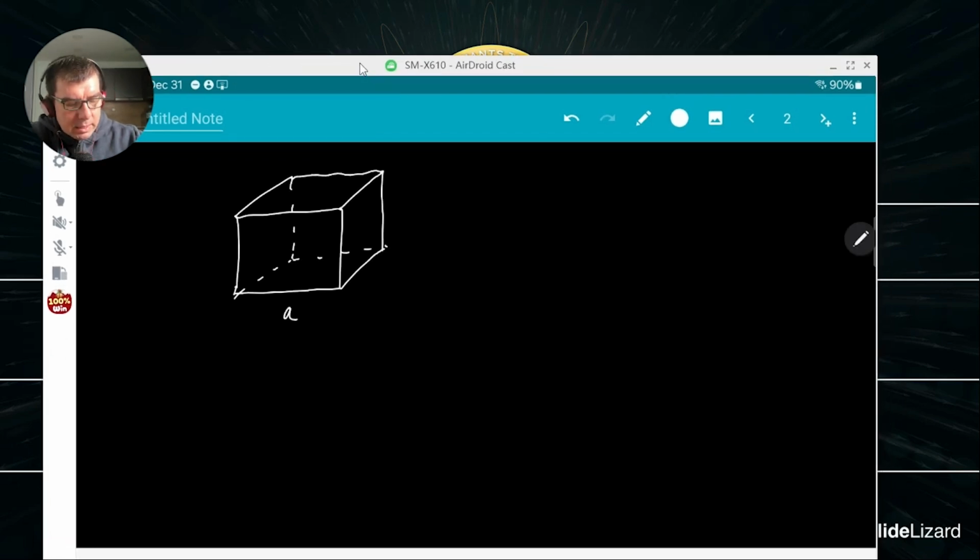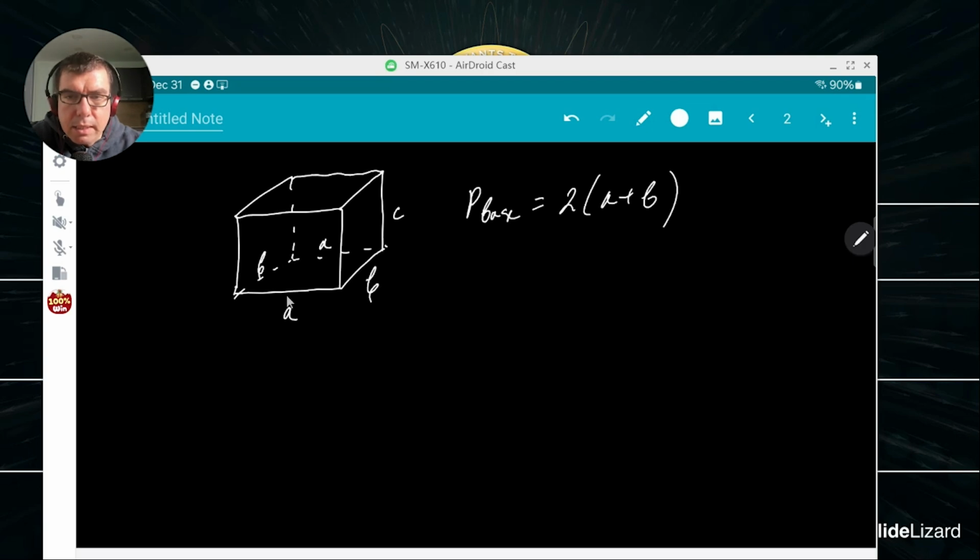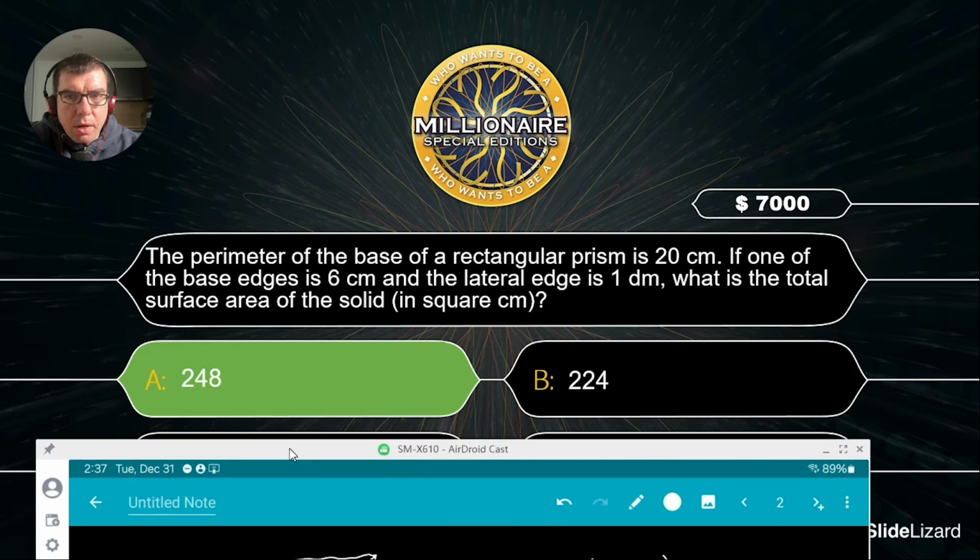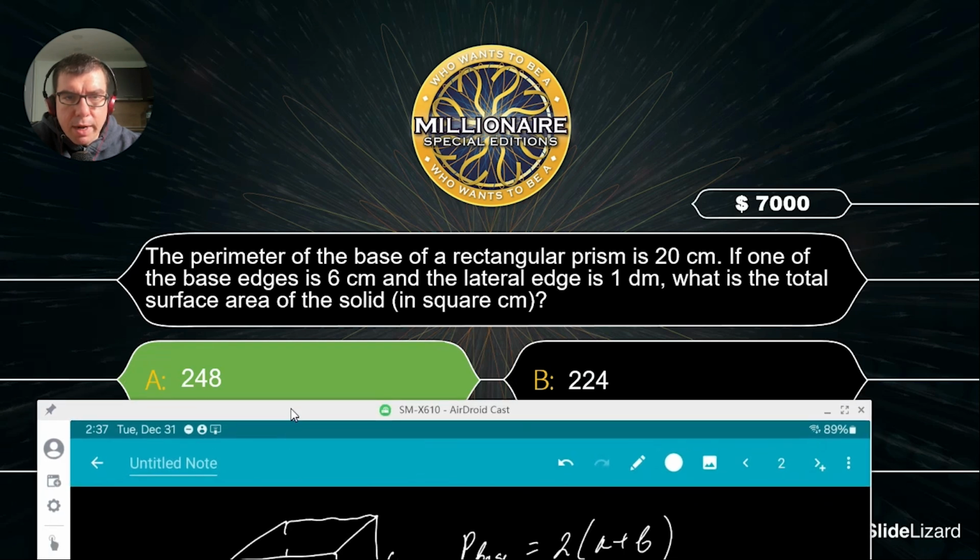Okay, the base we know that has dimensions A and B, length and width. So the perimeter of the base is simply 2 times a plus b, right? We have a rectangle with sides a and b, so 2 times a plus 2 times b is the perimeter, right? And this equals 20.